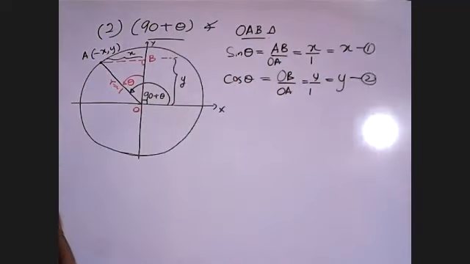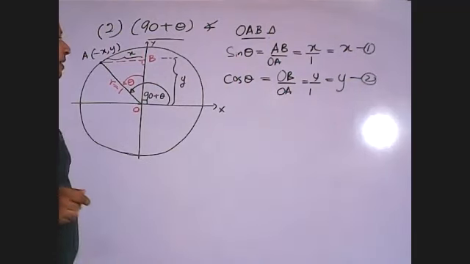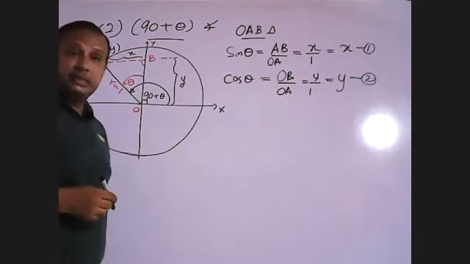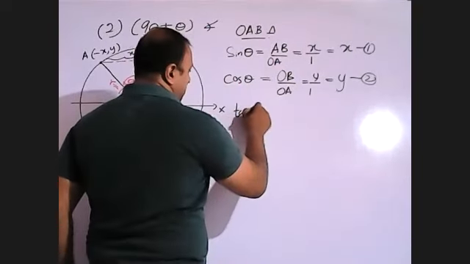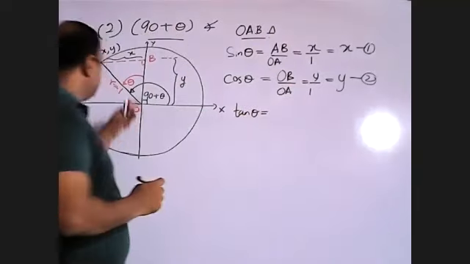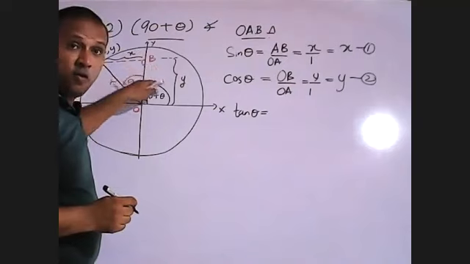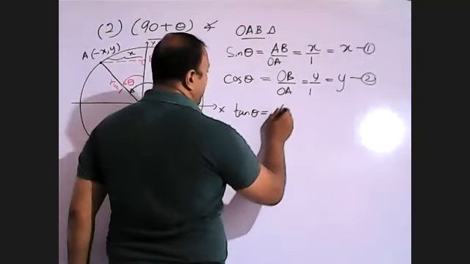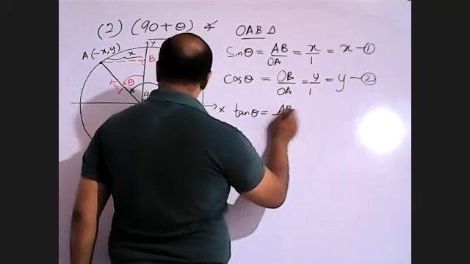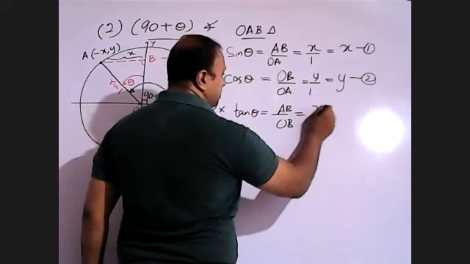Now I am using this triangle to write sin theta, cos theta, and tan theta. Tan theta means opposite side over adjacent side, that means AB over OB, that means x over y.